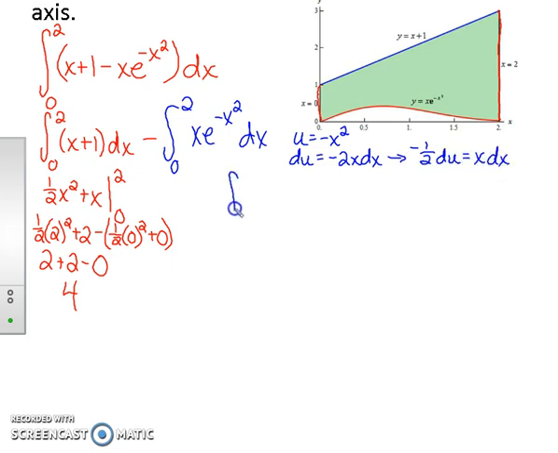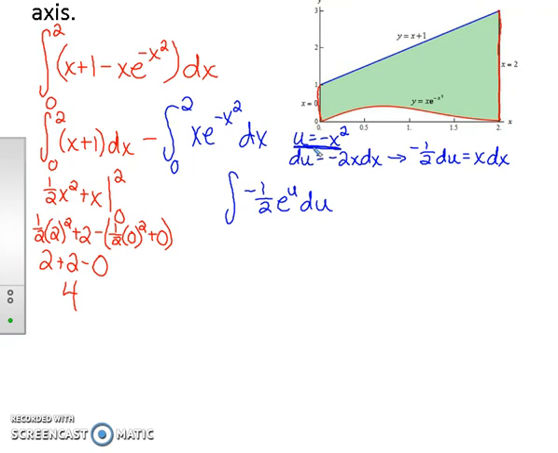So that makes this integral negative 1/2 e to the u du. But remember, when we're doing u substitution, if we change the x variables to u's, we have to change the x boundaries to be in terms of u.